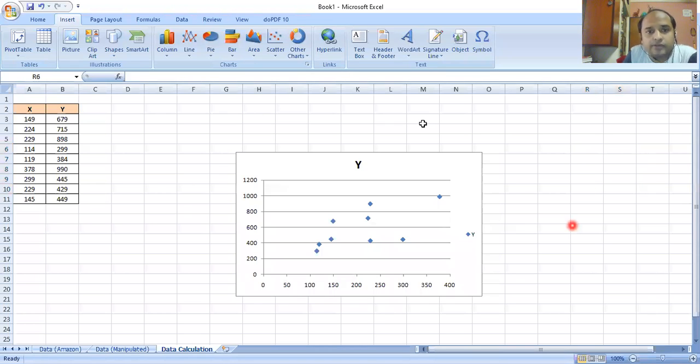Now you see, after drawing the scatter diagram, at least I can say that when the prices of the fiction books are increasing, the prices of the non-fiction books are also increasing, or remain the same. I am moving my cursor in the increasing direction.